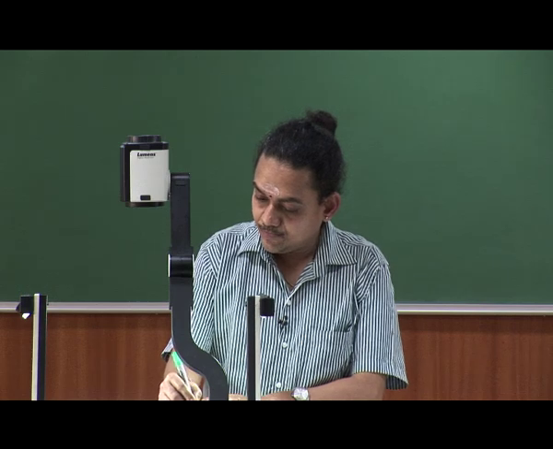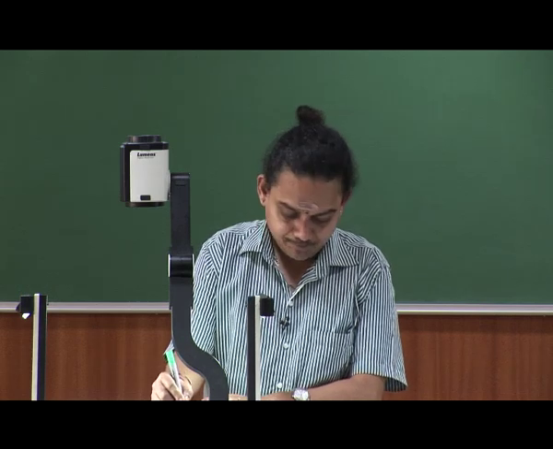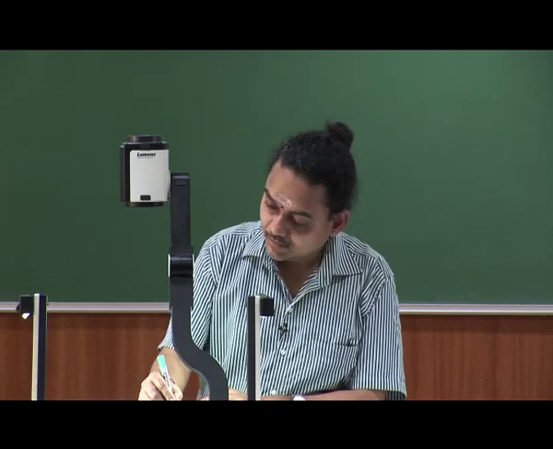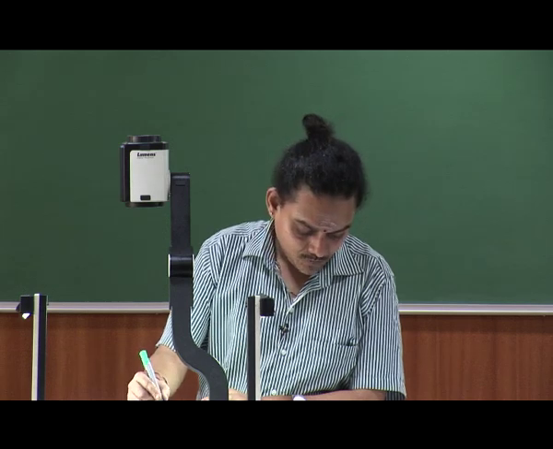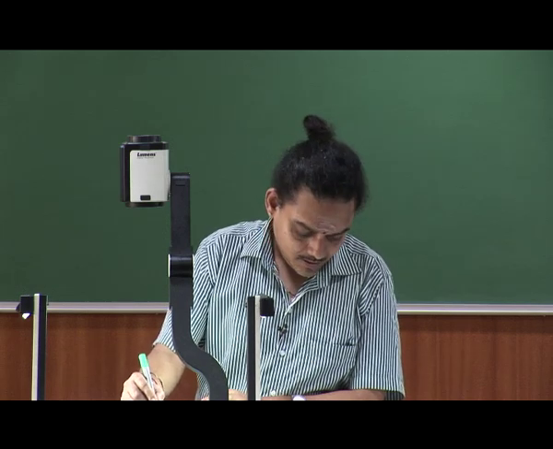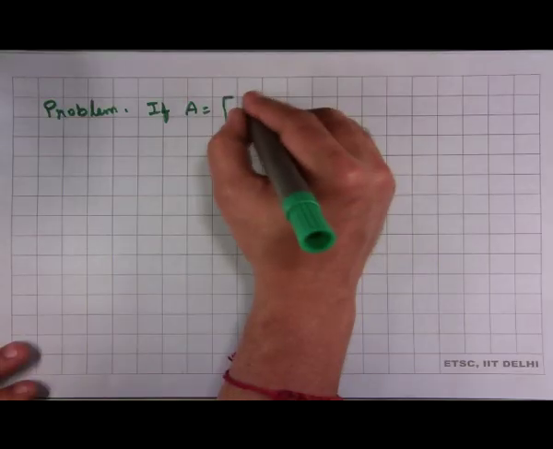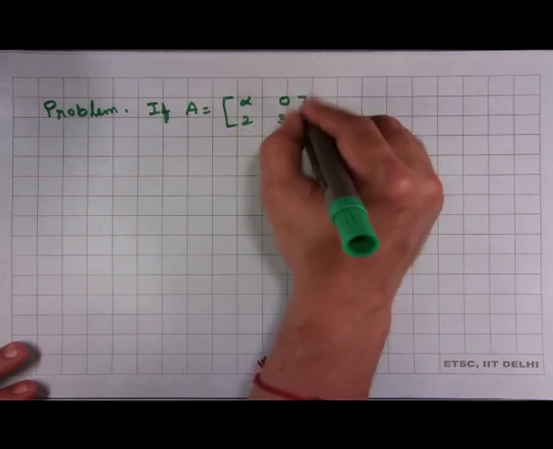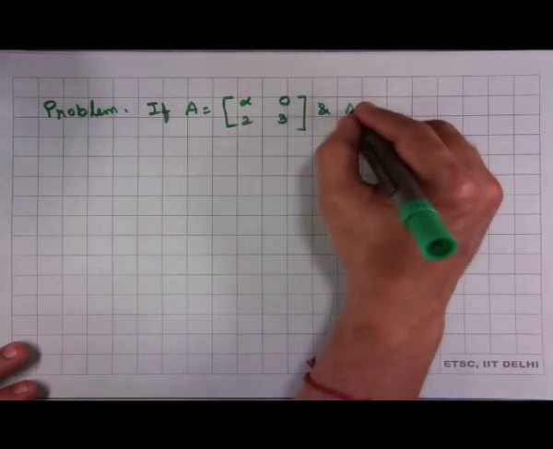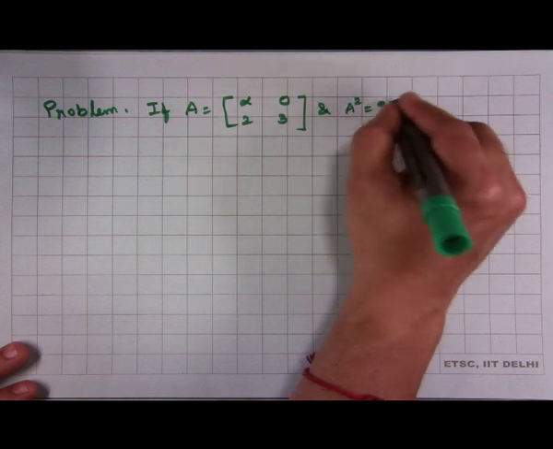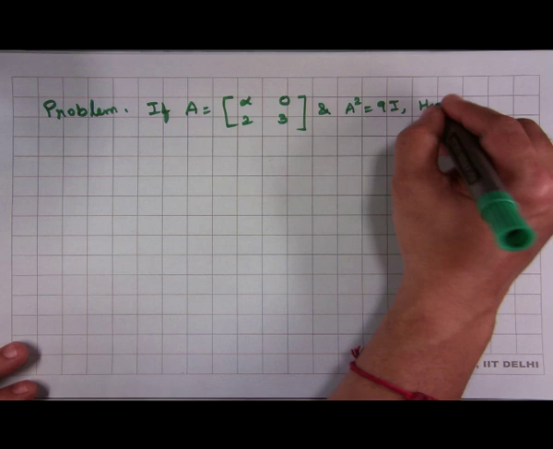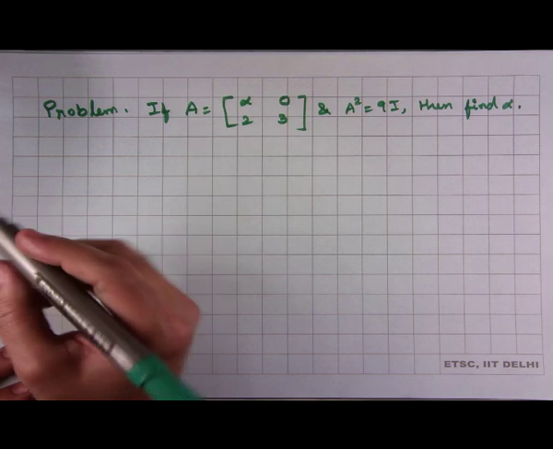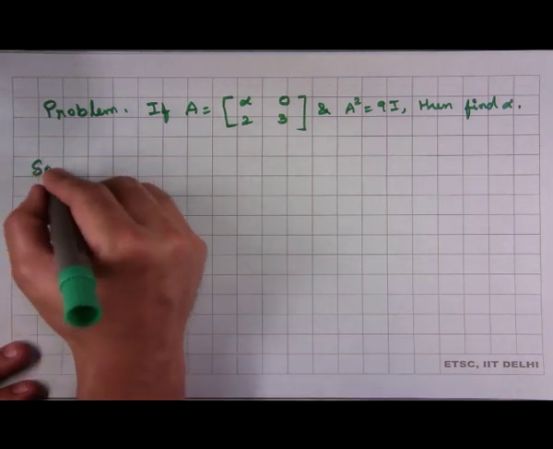So, alpha equal to minus 1 is the solution. Next problem. If A equals the matrix alpha 0, 2 3, and A squared is 9I, then find alpha. Solution.